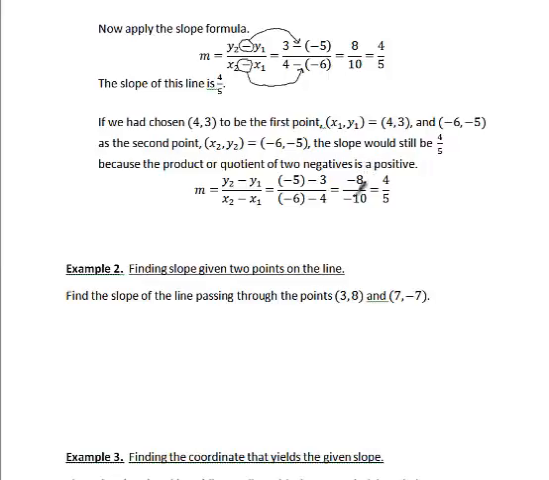Now we'd get a -8 over a -10, but a minus minus is still positive, and 8 and 10 are still divisible by 2. So in the end we end up with the same slope. It doesn't matter what order you use the coordinates you're given. You just can't mix x2, y2, and x1, y1. You have to make sure you know which is which.